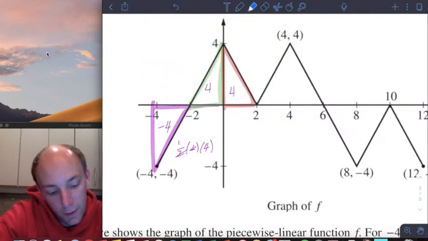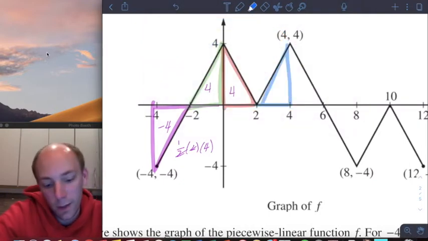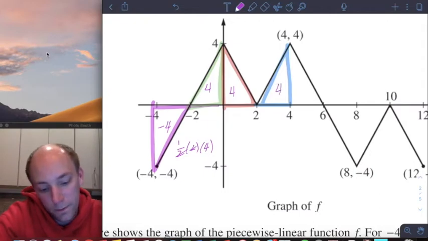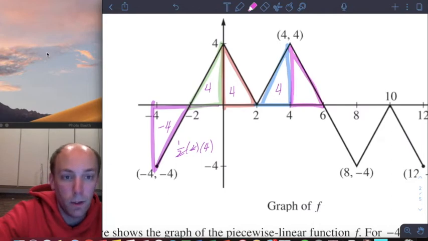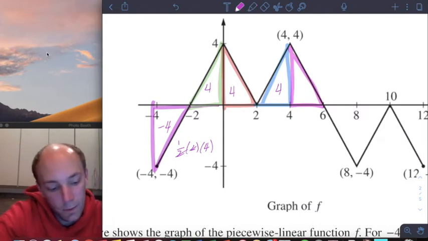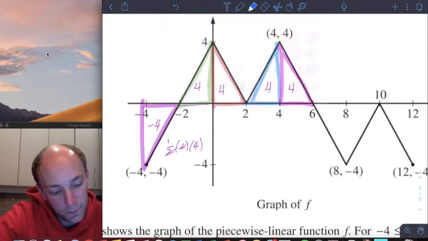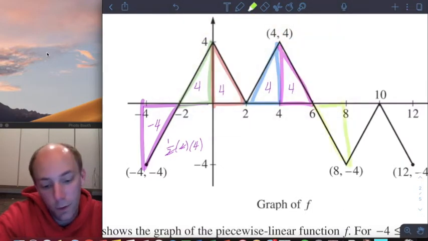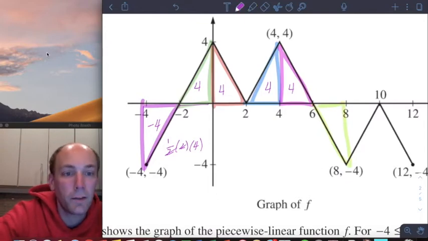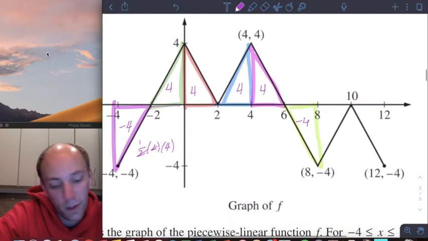On this next one here, it looks like I have a base of 2 and a height of 4 again. So this one's an area of 4. For my next one, 1/2 base times height would also get me 4. For the next one here, let's use light green. Hopefully you can see that. 1/2 base times height, a base of 2, height of 4, but this time it's beneath the x-axis, so it's negative 4.